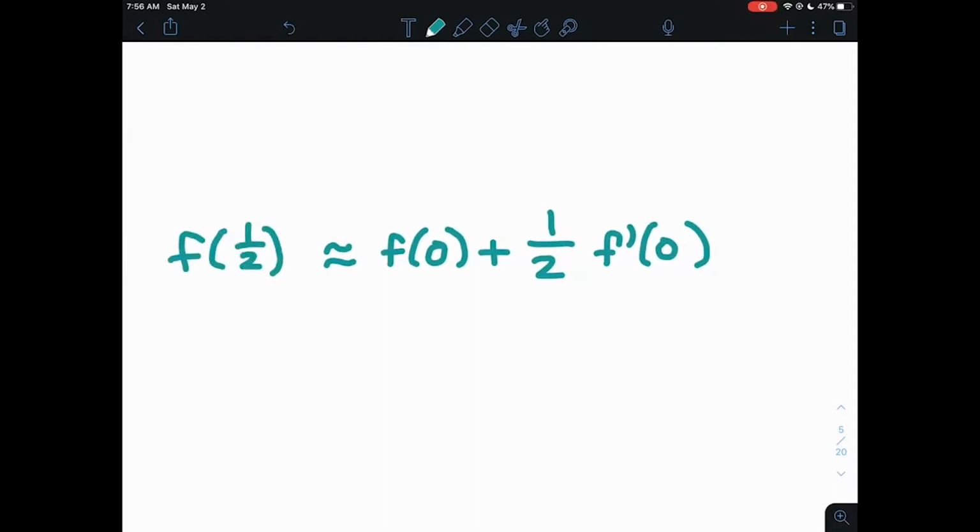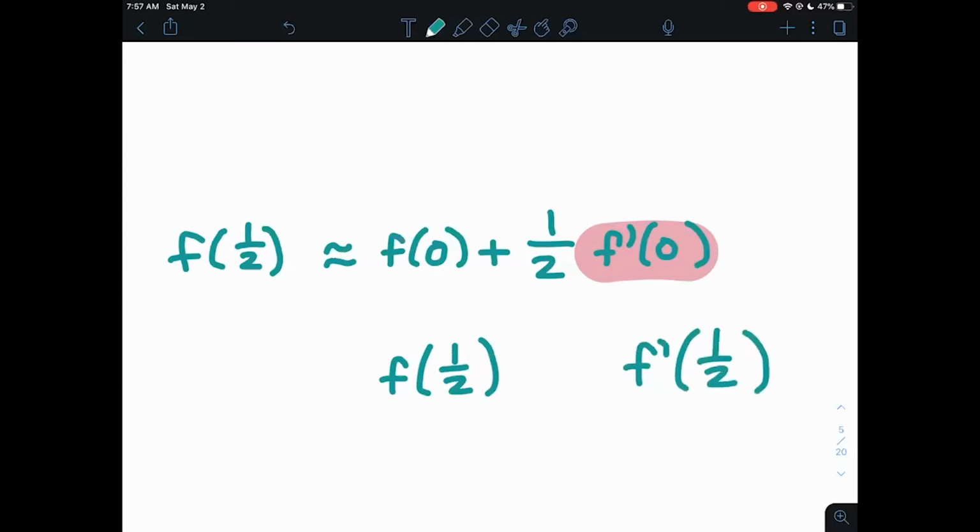But then at this new point, f of 1/2, this new approximation, we're no longer going to use the derivative at 0. We're going to stop and use a new direction, a new slope of a tangent line evaluated at 1/2. So now we're at 1/2, and we are going to reevaluate our derivative at 1/2, use that for a distance of 1/2, and that will take us to an approximation of 1.